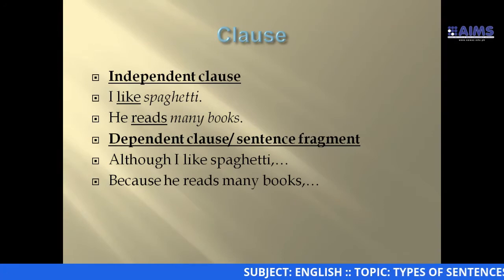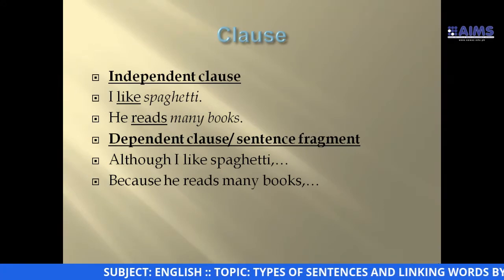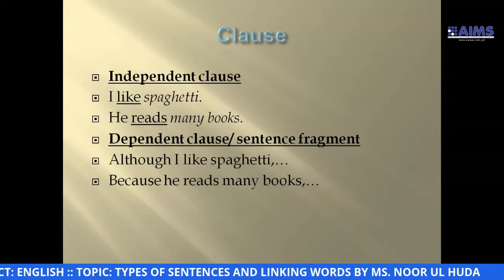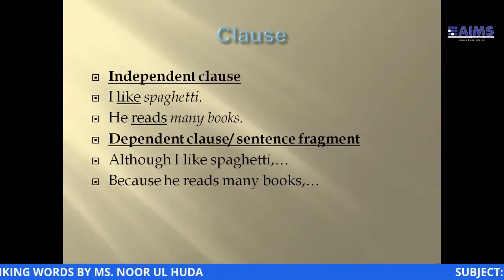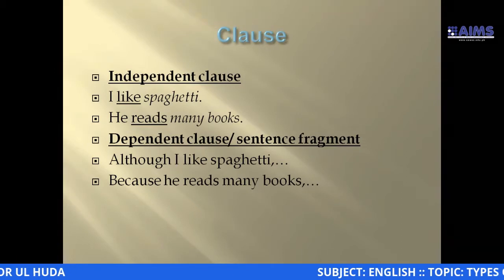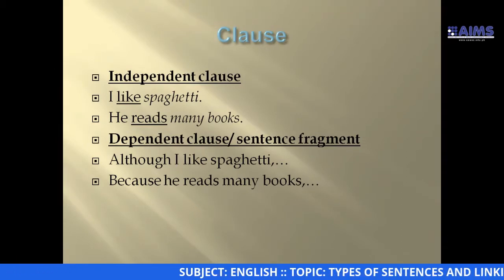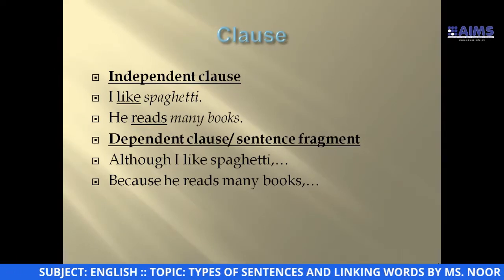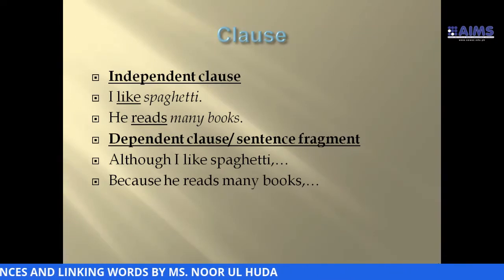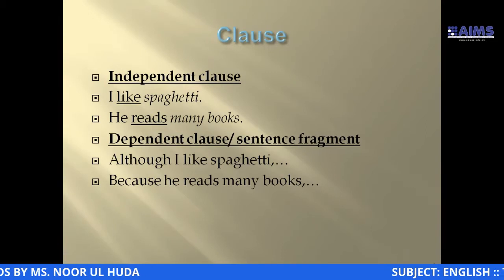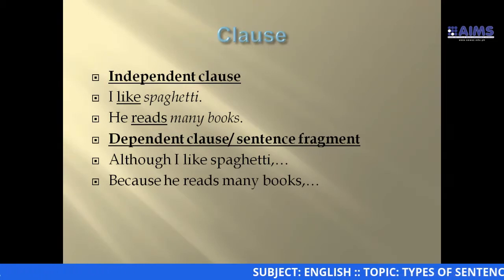So just to recall what clauses are: one is the independent clause and the other is the dependent clause, and the dependent clause is also called a sentence fragment, or simply a fragment. Independent clauses are meant to form a complete sentence, as they can stand alone.